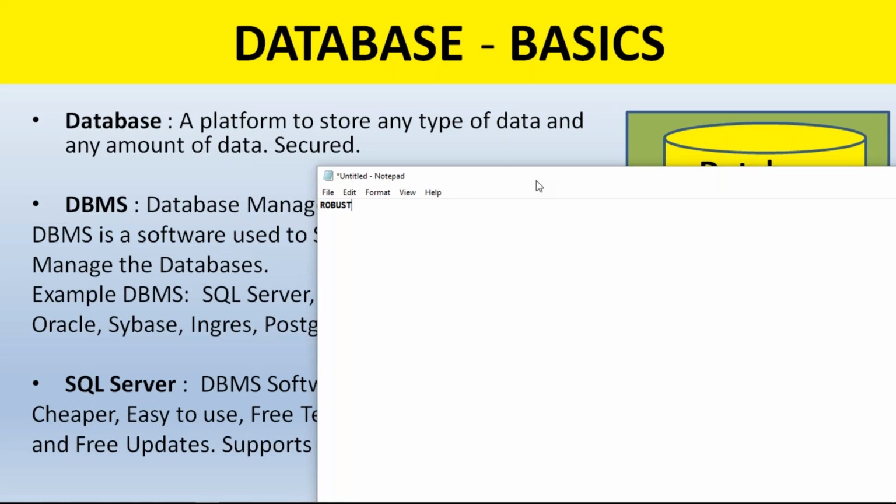Let's stay tuned carefully. It's good to have our keywords, so if you have an observation book with you, note them down. In case not, get one from your nearby desk and write some observations carefully. Just the bold keywords should be fine, just to make it clear. So database: a platform to store any type of data, any amount of data, fully secured, robust.